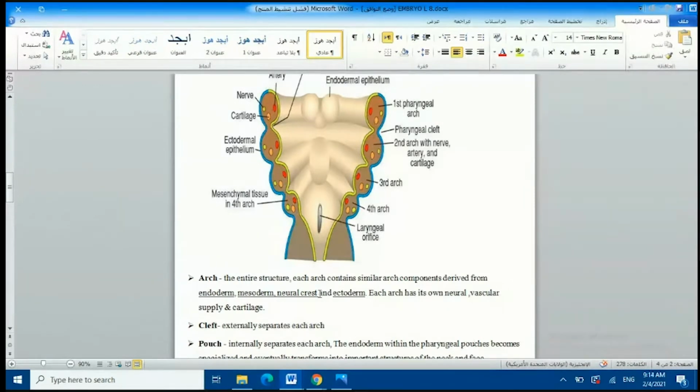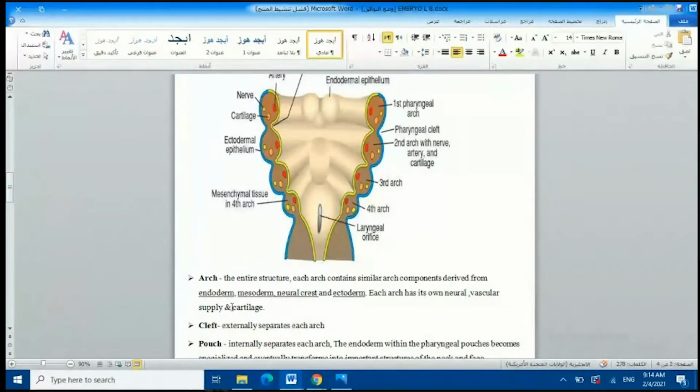But here we have endoderm, mesoderm, neural crest cells, and ectoderm in order to form the head and neck. Every arch, arch number 1, 2, 3, 4, and we have 5 and 6 that are fused. Actually, we just focus on the first four.